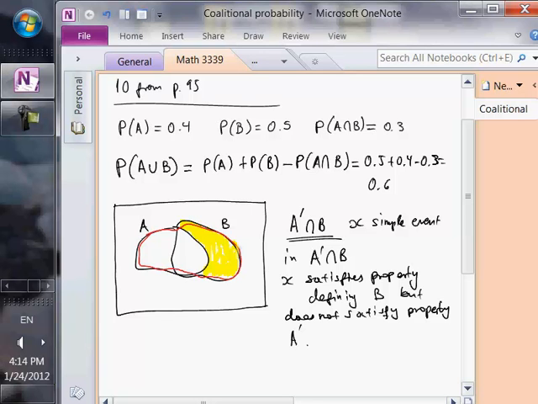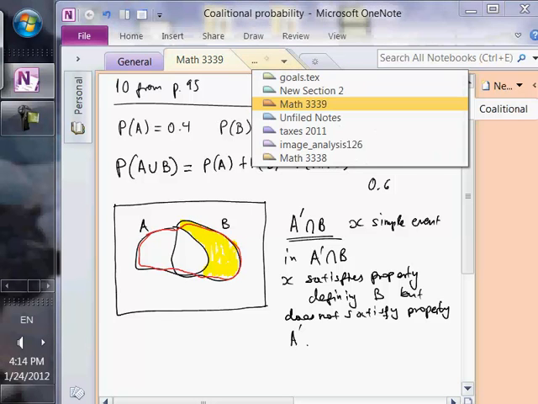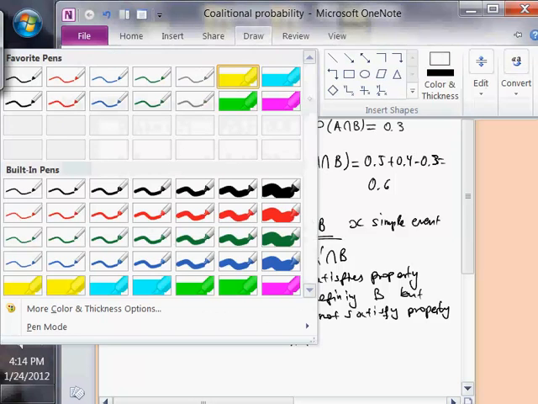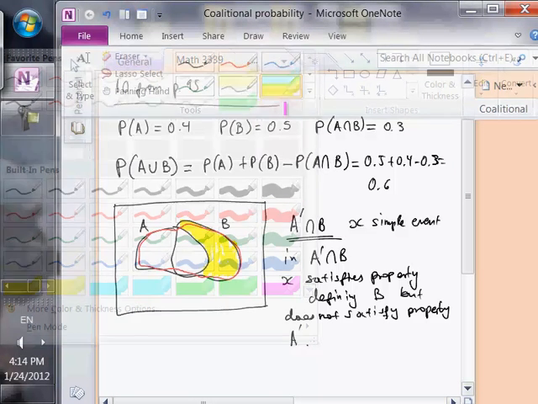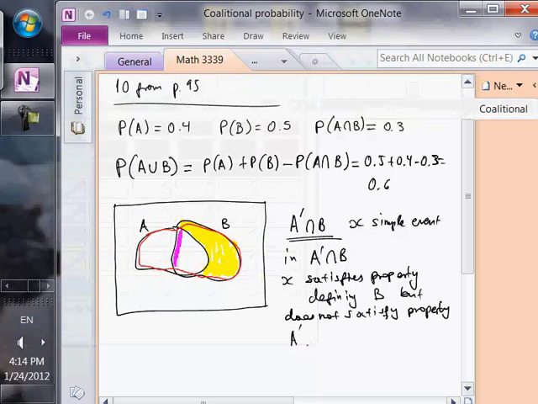Now there is a middle part here, and I'll change the color and use purple.